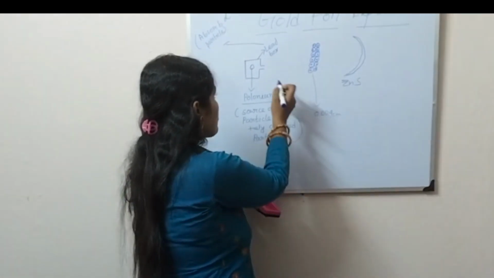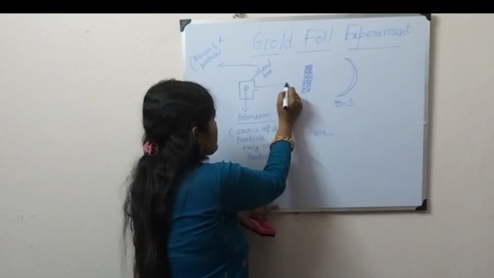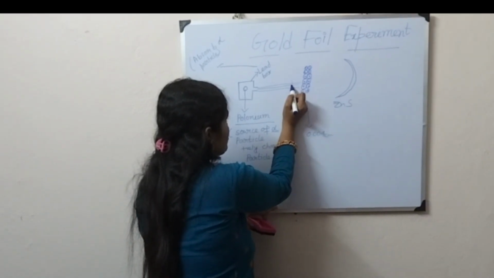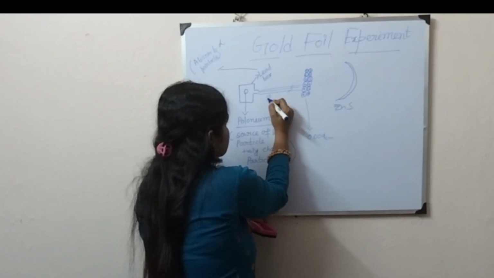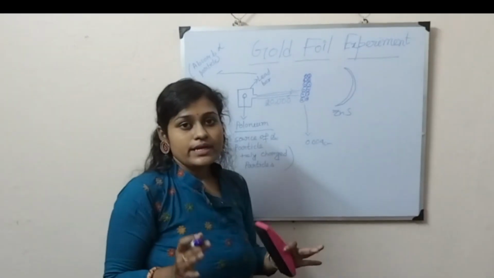So when he bombarded the radioactive source, he bombarded almost 20,000 alpha particles. Then what did he observe?